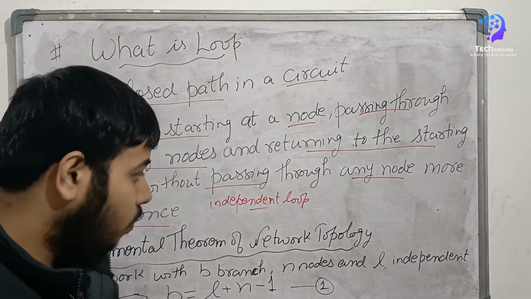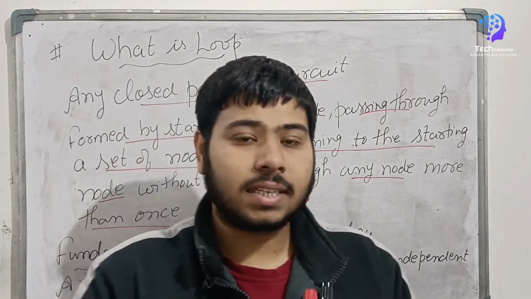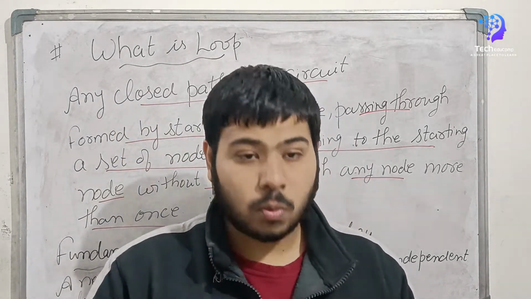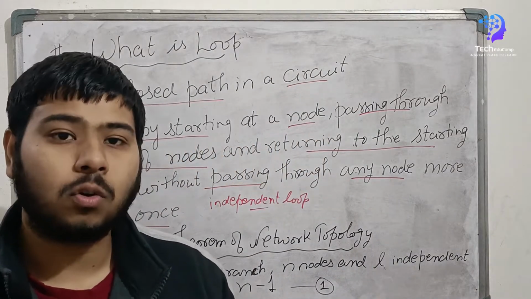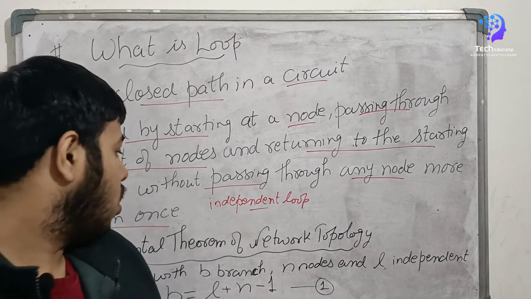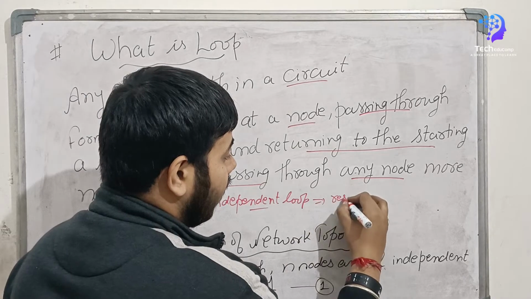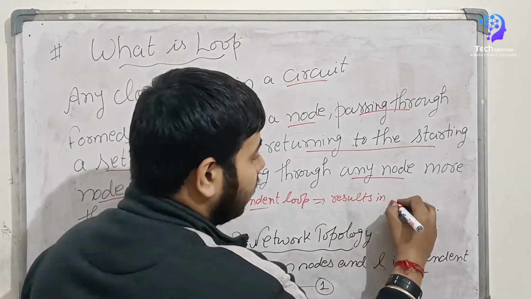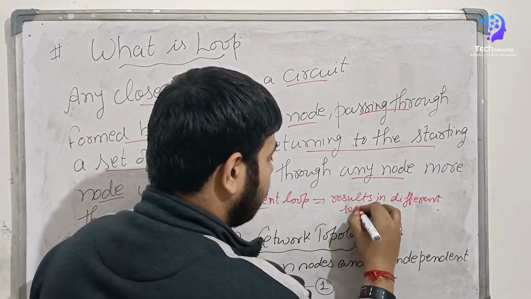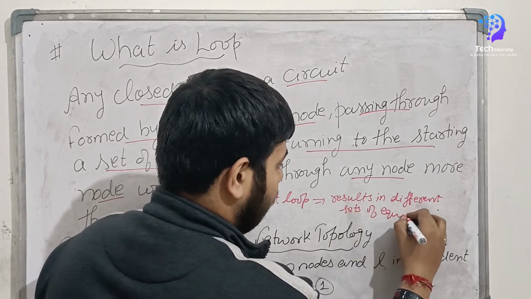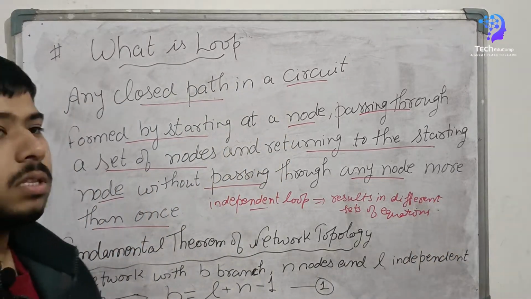An independent loop is a loop that contains a branch which is not part of any other independent loop, and because of that it results in different sets of equations. So this was all about loops.